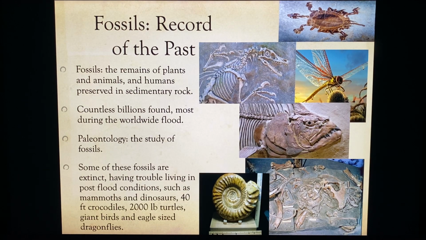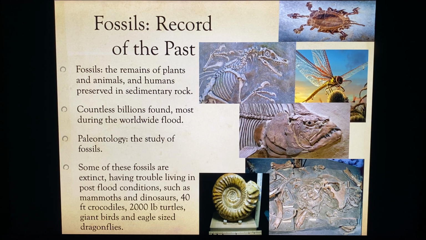Fossils, record of the past. Well, what is a fossil? The definition: the remains of plants and animals and humans preserved in sedimentary rock. So we have a lot of fossils now. There's countless billions found, and most during what's called the worldwide flood of Noah. Paleontology is the study of fossils.